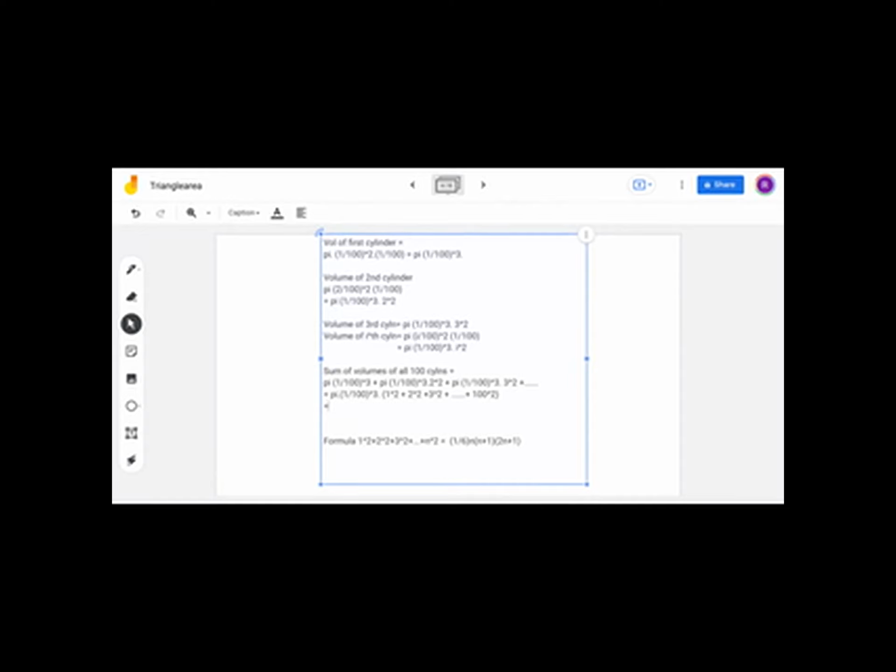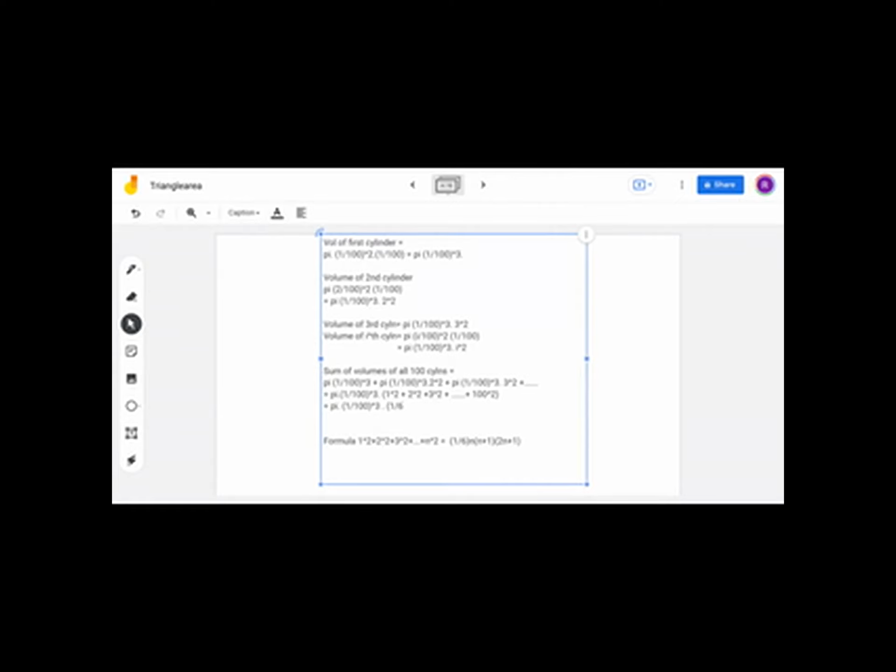So pi into h cube into 1 by 6. You'll get the 1 by 100 cube there, and then you will get this times what will be this much? This 1 squared plus 2 squared till 100 squared will be how much? Into 1/6 times.